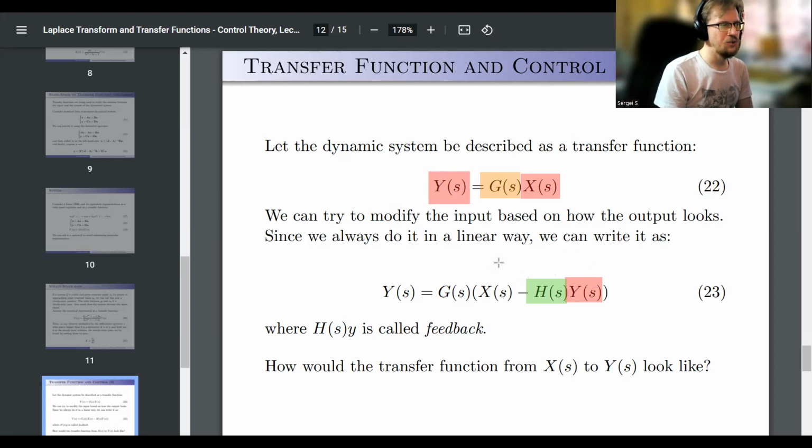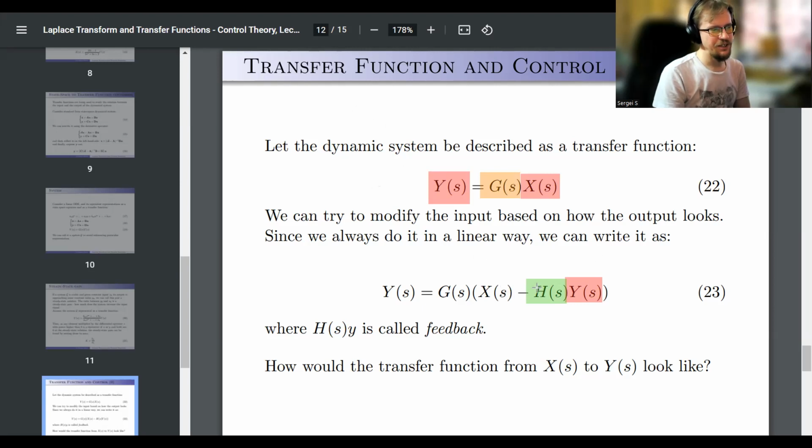This also looks quite a bit like our u equals minus kx. Indeed, you can think of it as if this is our x, right? You can think of it this way, as our state. This is our k. And this minus is making us feel a little bit uncomfortable, right?